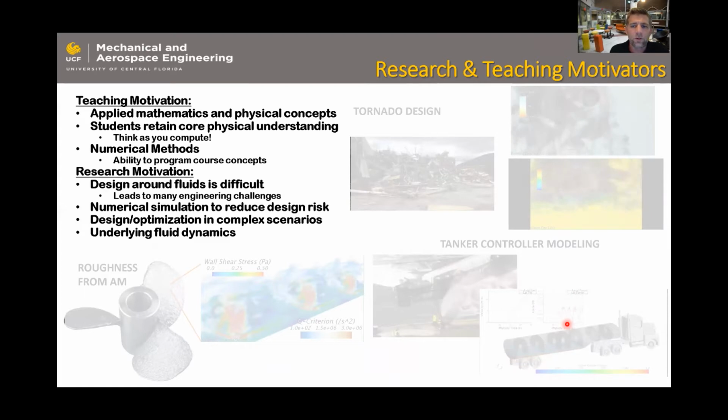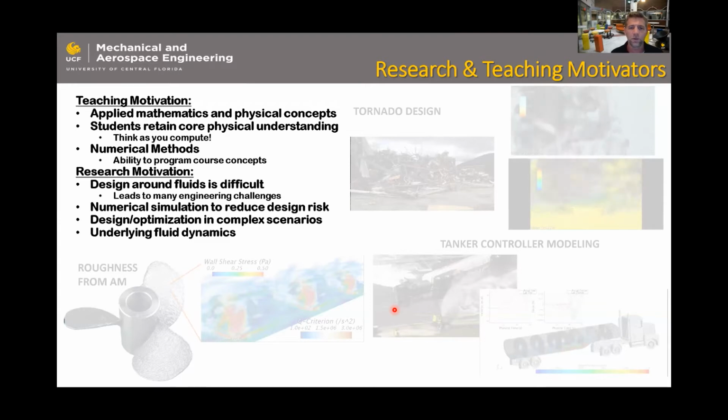Some of the things that motivate me in research and teaching are listed here on this slide. Let's first talk about the teaching motivators. Here, I think that some of the things that I really try to aim for when I teach is get students to learn how to combine mathematics and physical concepts together to solve engineering problems.